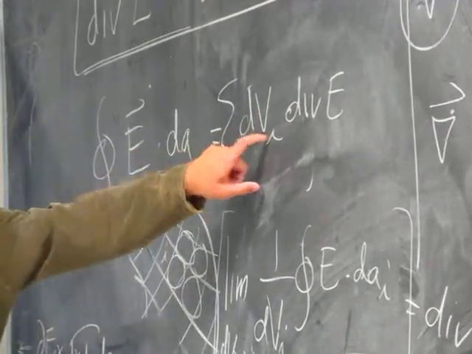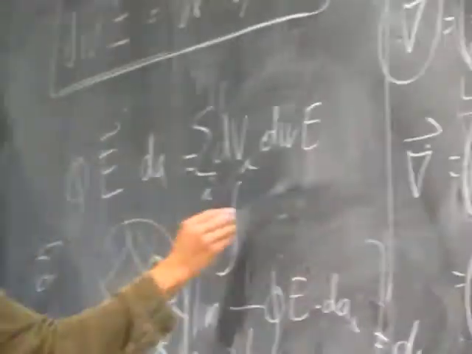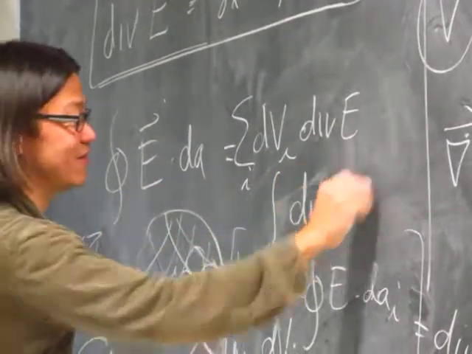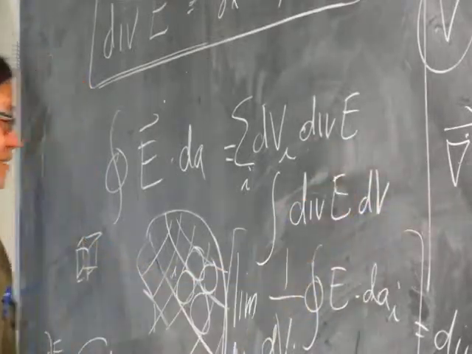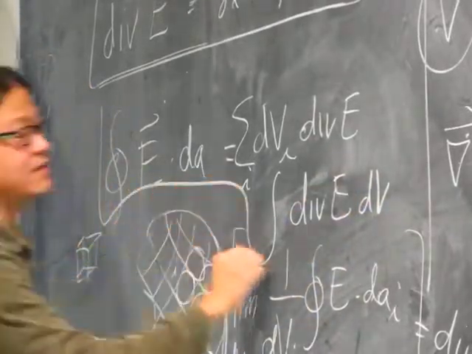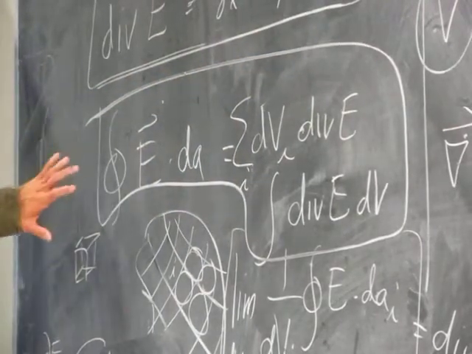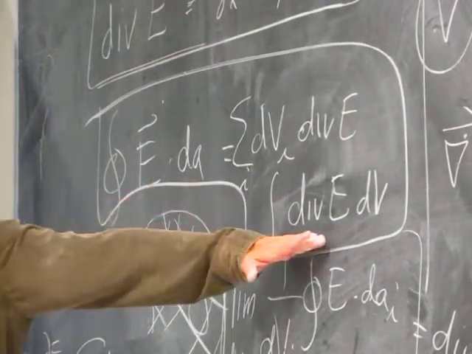In the limit when dV_i goes to 0, it becomes an integral. This is not the whole law, this is just the left hand side of Gauss's law.